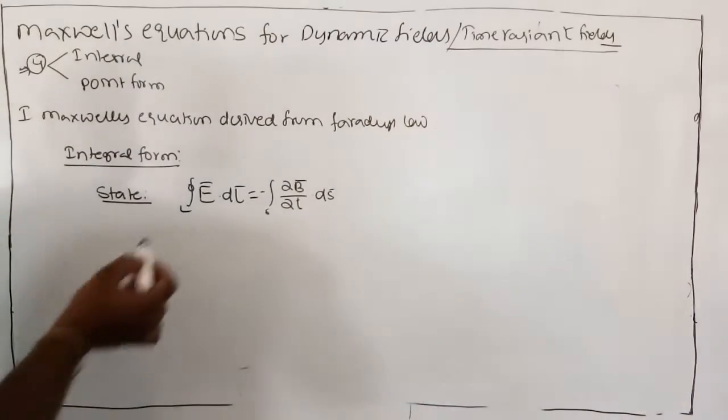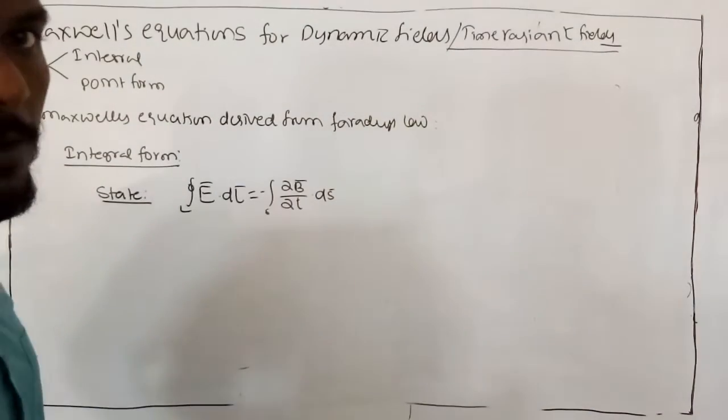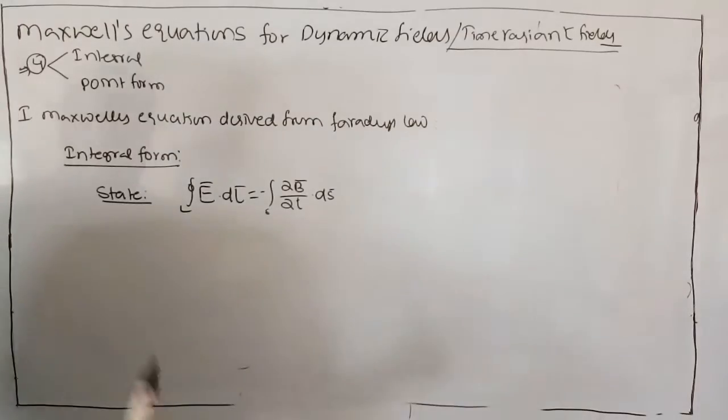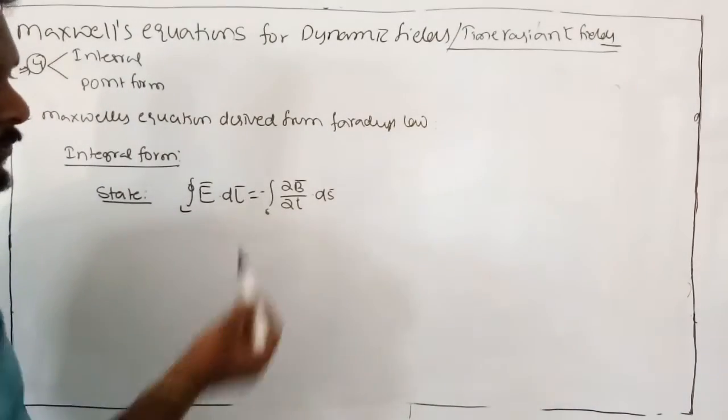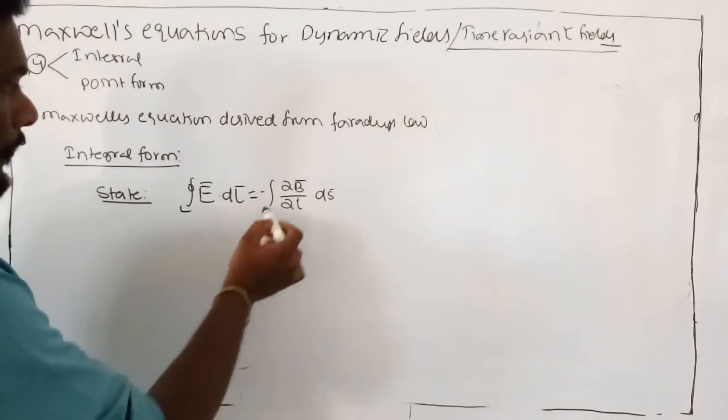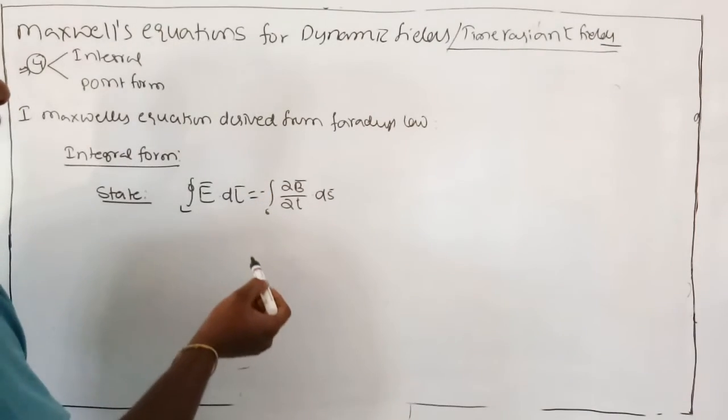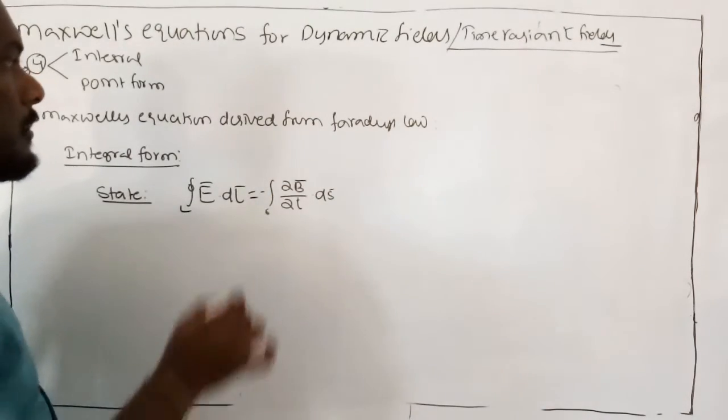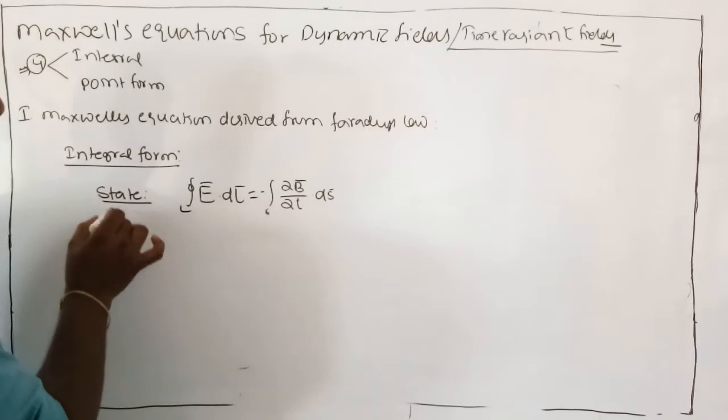Okay? This is already derived in your statically induced EMF class, the previous class, unit 4, the first class. You just keep that in mind and write the mathematical expression for this topic along with the statement.